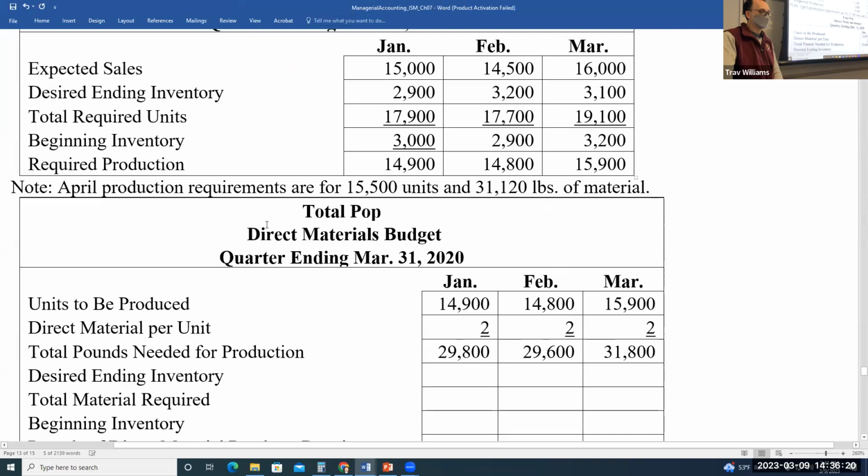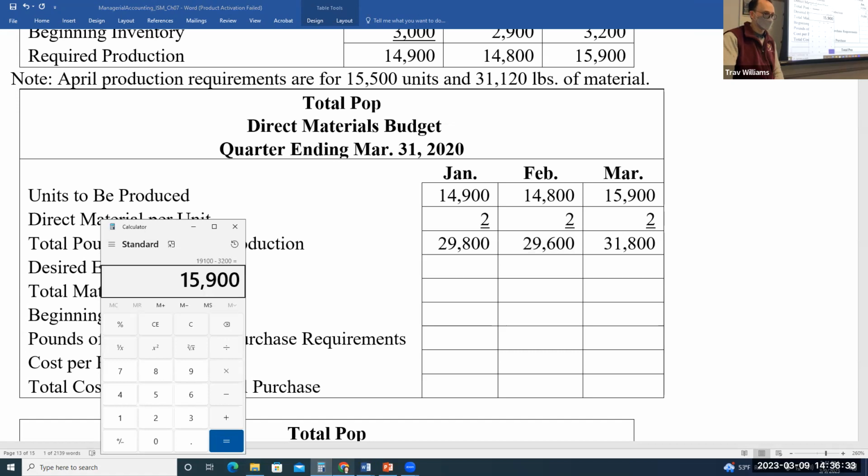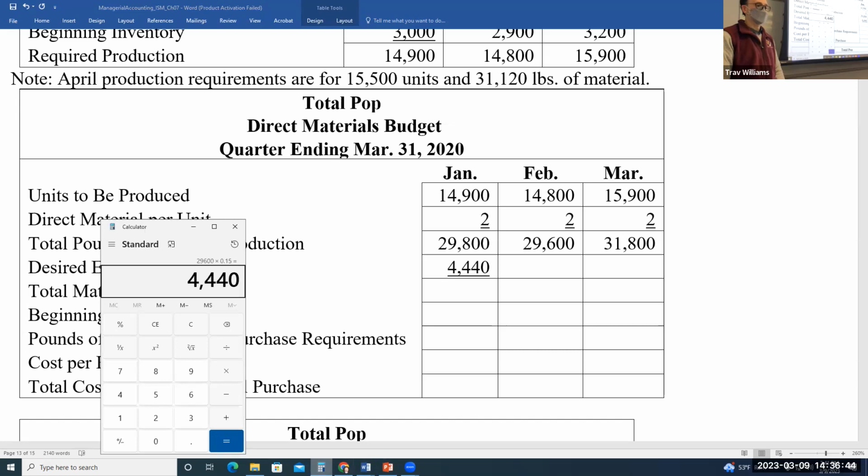Yeah, 15%. Okay. So in January, we need 15% of February, right? February, we need 15% of March.